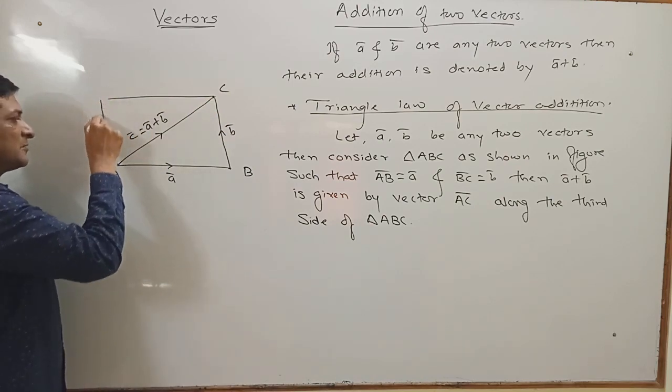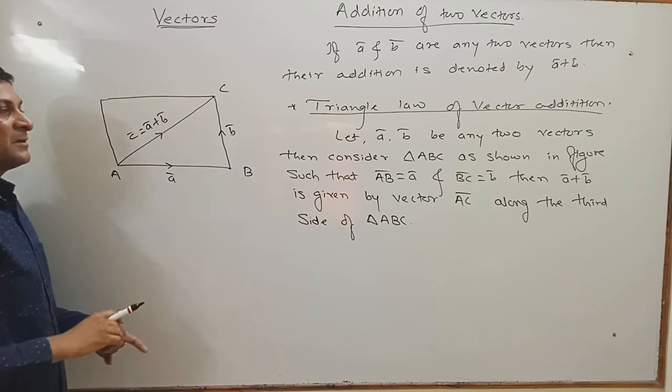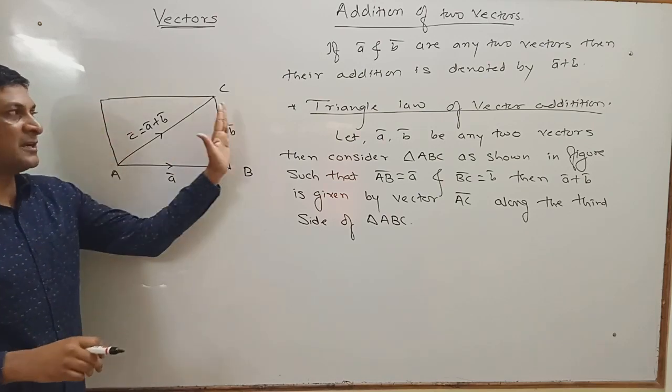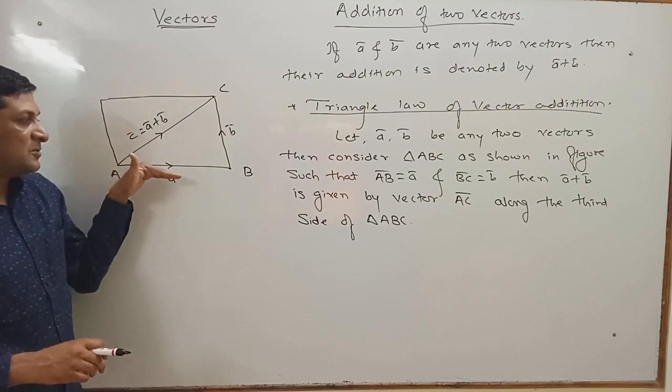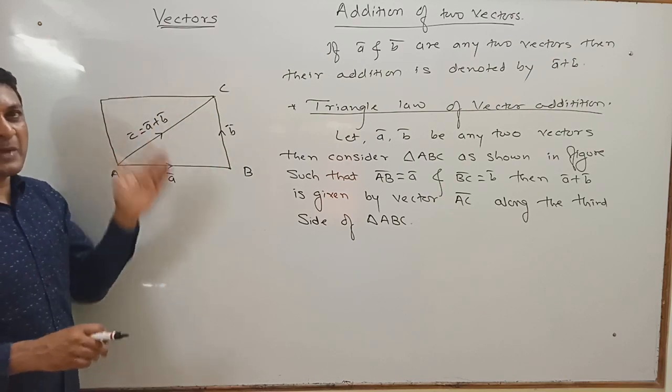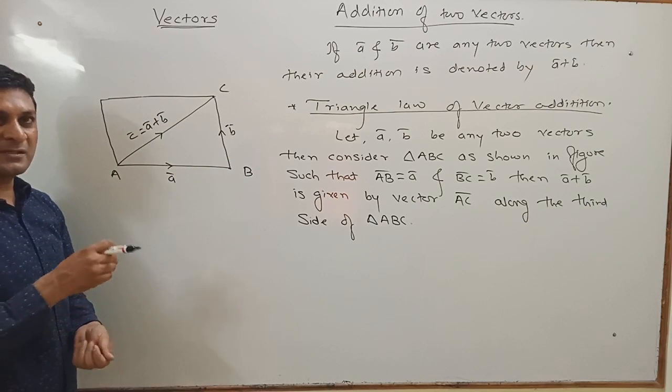Since by our construction this line is parallel to this line, and this line is parallel to this line, and opposite sides are parallel, we can say that the quadrilateral is a parallelogram.